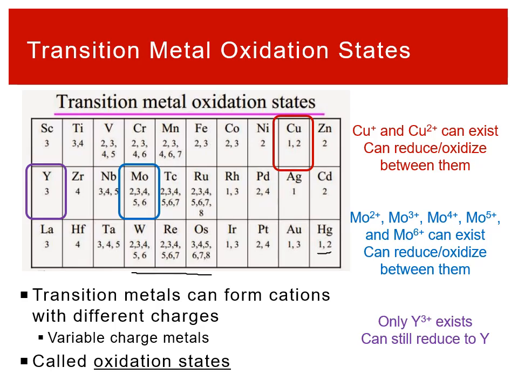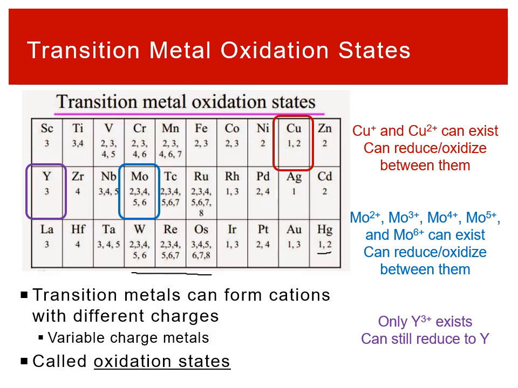If you look at some of them, for example yttrium, Y, only Y3+ exists. So functionally in solution you're only going to get Y3+, but you still have the possibility to reduce to Y. You can always go to the elemental metal, with a 0 charge. And so you can always do that.